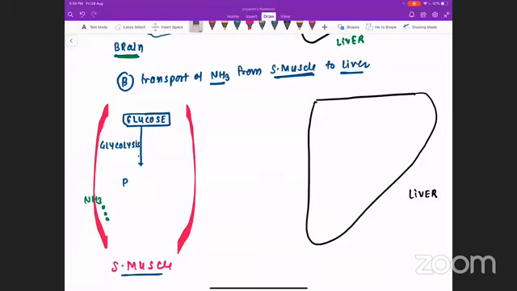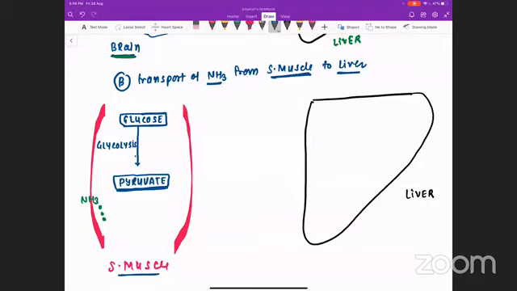We will discuss glycolysis in detail in the chapter on carbohydrates. So when glycolysis occurs, the product is going to be pyruvate. This ammonia and pyruvate can unite and generate a special molecule with the name of alanine.